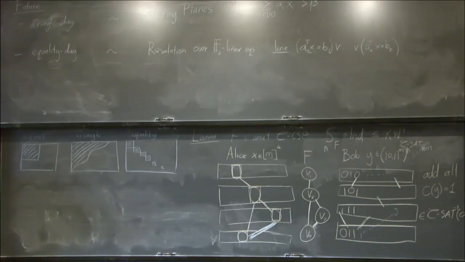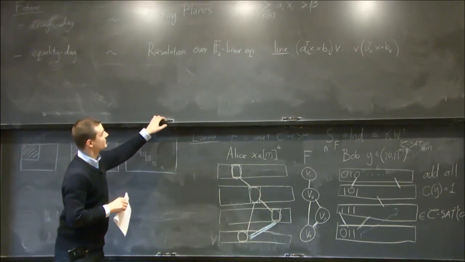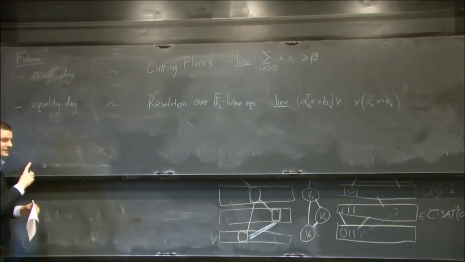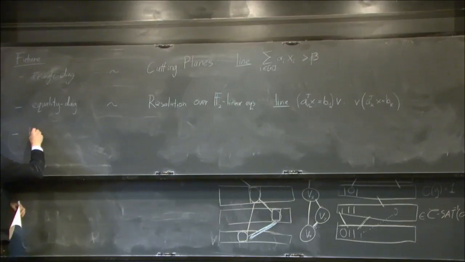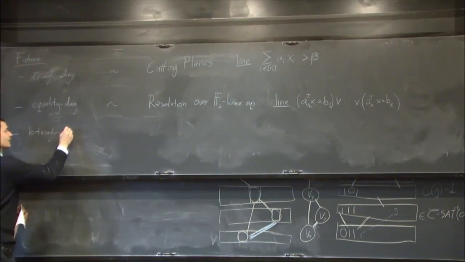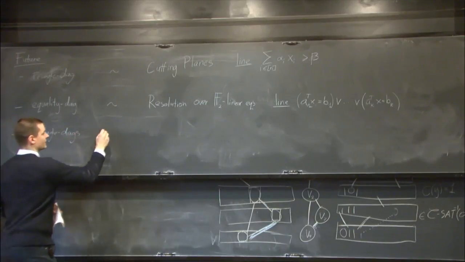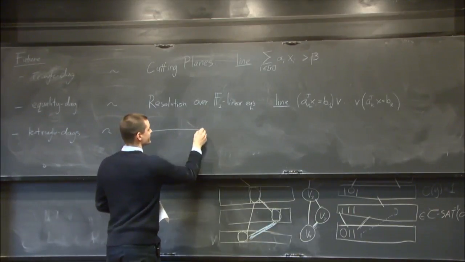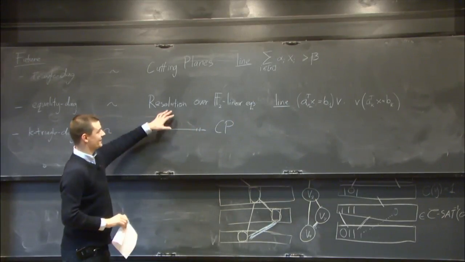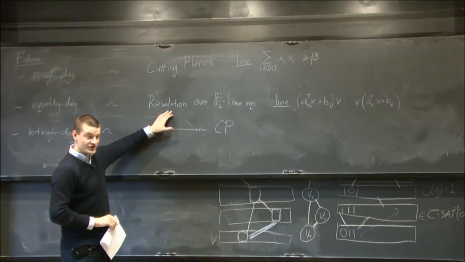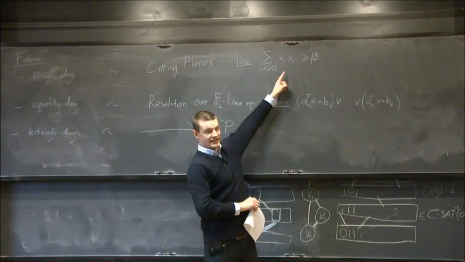There was also, and this is something I recently learned, let me just quickly mention, yet another model, but it's not really a new model. Let's call them K-triangle DAGs. It's motivated by resolution over cutting planes. So the definition is the lines are disjunctions of linear inequalities.